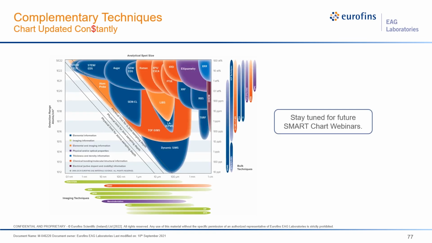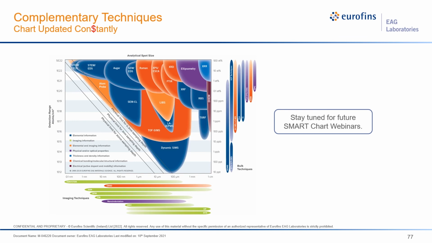Back to our smart chart, which we are updating all the time. The domain of TEM is from the size of angstrom or sub-angstrom these days, all the way to a couple hundred microns. Maybe 100 microns is probably the limit these days for TEM analysis.